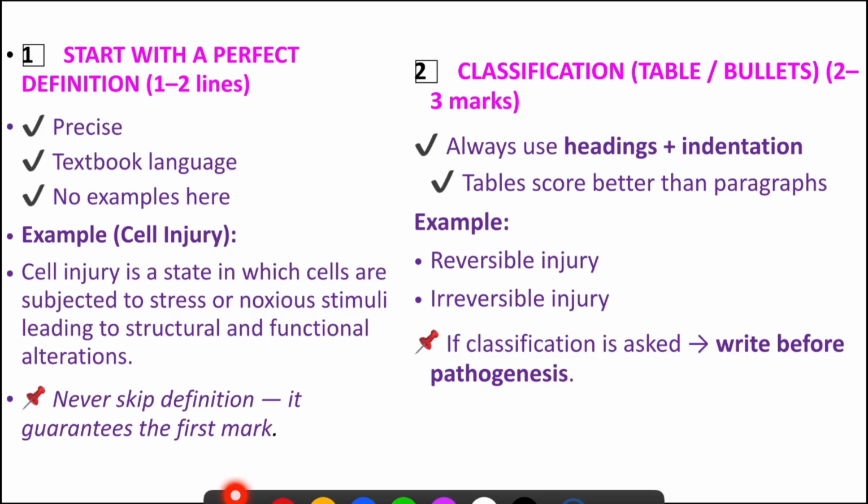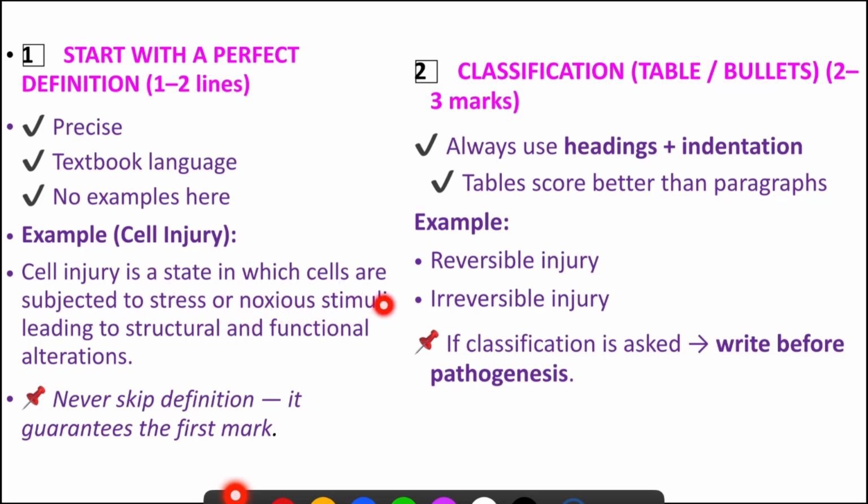When you write, it should be precise in the textbook language, and here don't give any examples. Whenever you write a definition, here is the example of cell injury definition, which shows that cells are subjected to stress or noxious stimuli.